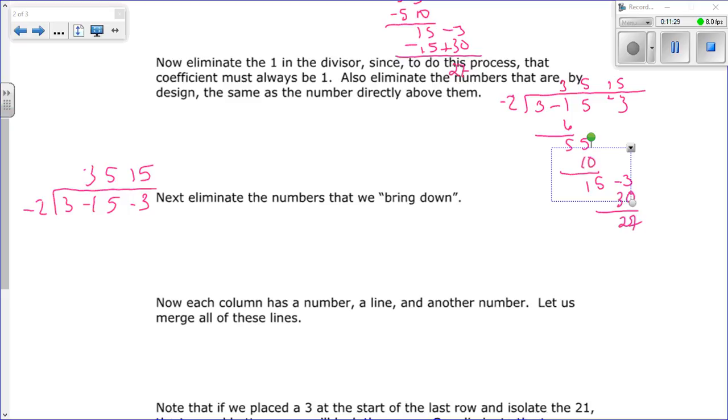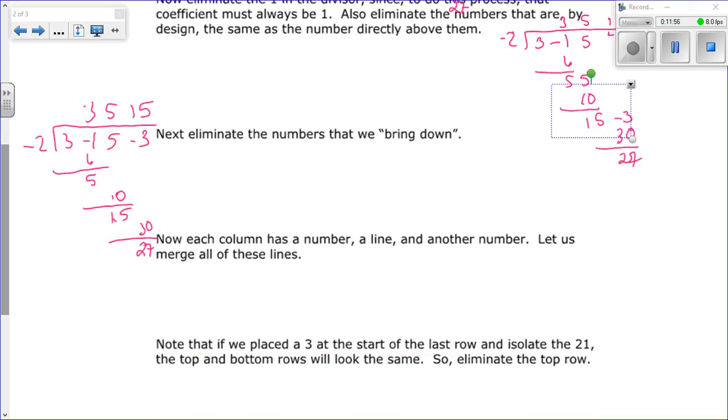If I'm eliminating what I bring down, I'm just going to have the 6 here with my line, and then the 5 right below it. I'm going to ignore that 5, and then just have the 10 down below it, draw my line, and then the 15 below that. And I'm not going to bring down the negative 3, but I'll have the 30 down here, and I'll have the 27.